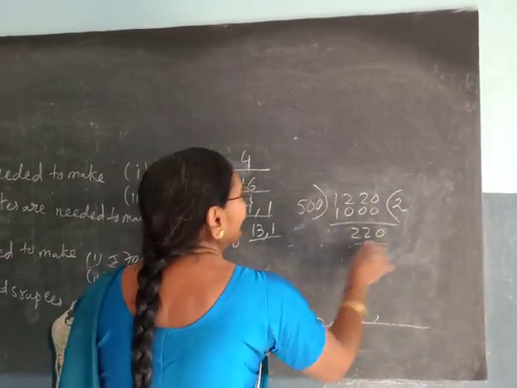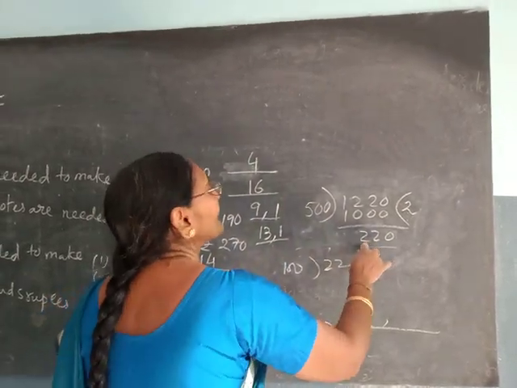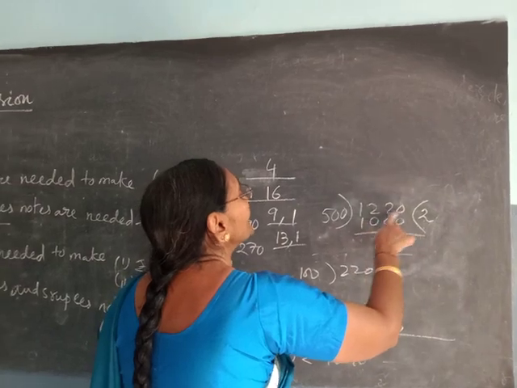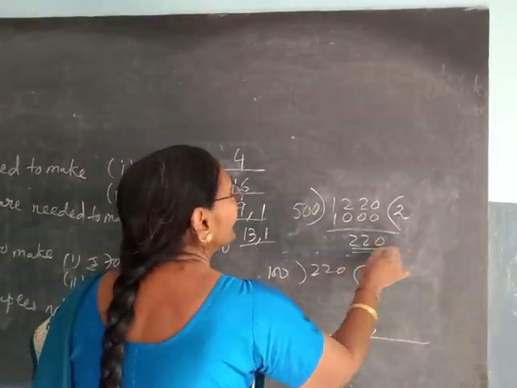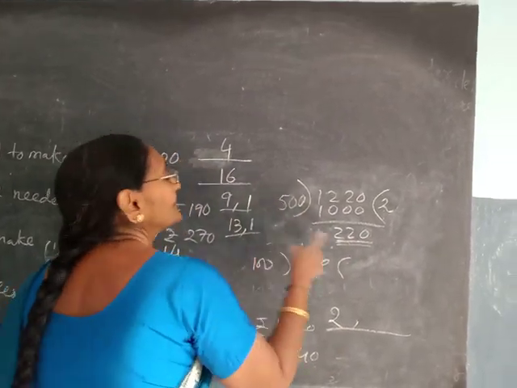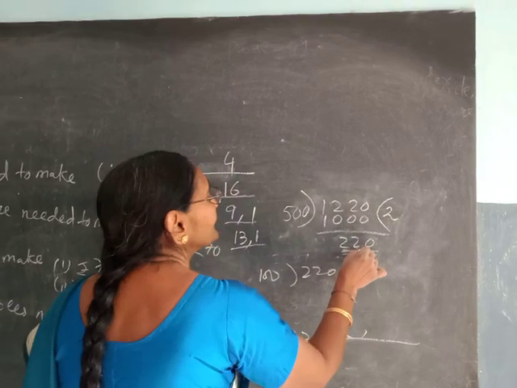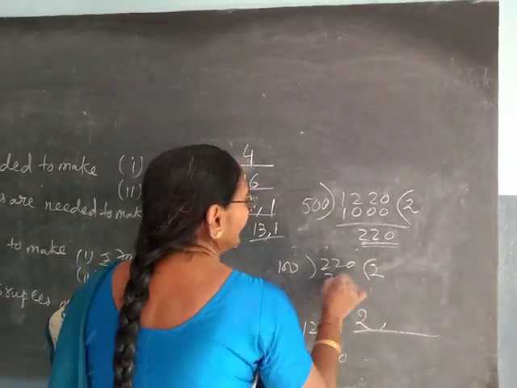Then this 220 you divide by 100 rupees. Do you understand? It is 1,220. 500 2s are 1,000. Here only 220 is left, and 220 is less than 500. So only 2 notes of 500 rupees are there, and these 220 you have to divide by 100. 100 2s are 200.